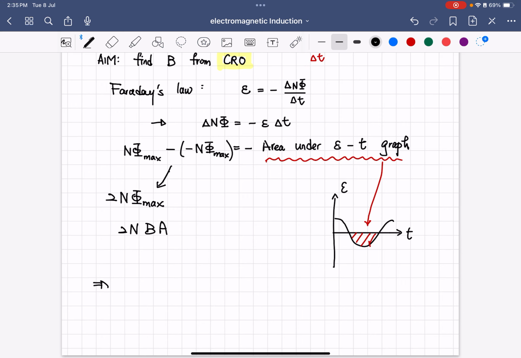So therefore, the magnetic field we want to find inside the solenoid will be equal to the area that we find from the CRO, divided by 2 times the number of turns in the search coil times the area of the search coil.